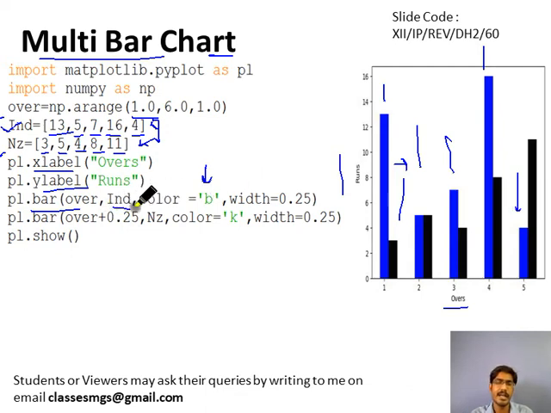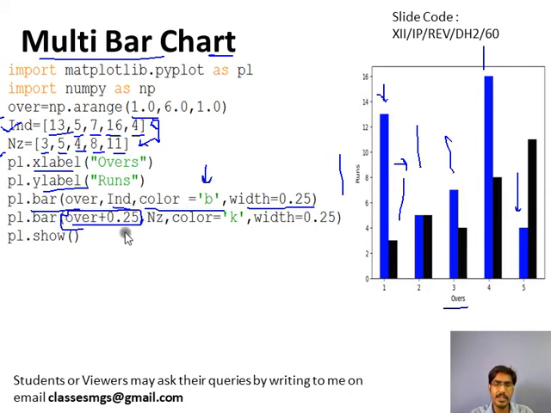Over the New Zealand variable we have passed color equals black, and width 0.25, so it is a very thin bar. For drawing the second bar in front of this one, we add 0.25 to the over variable.